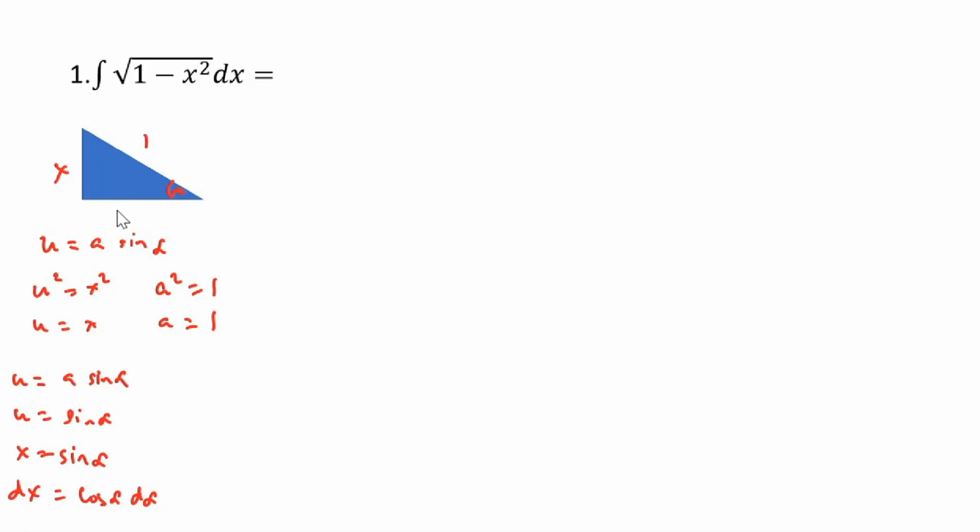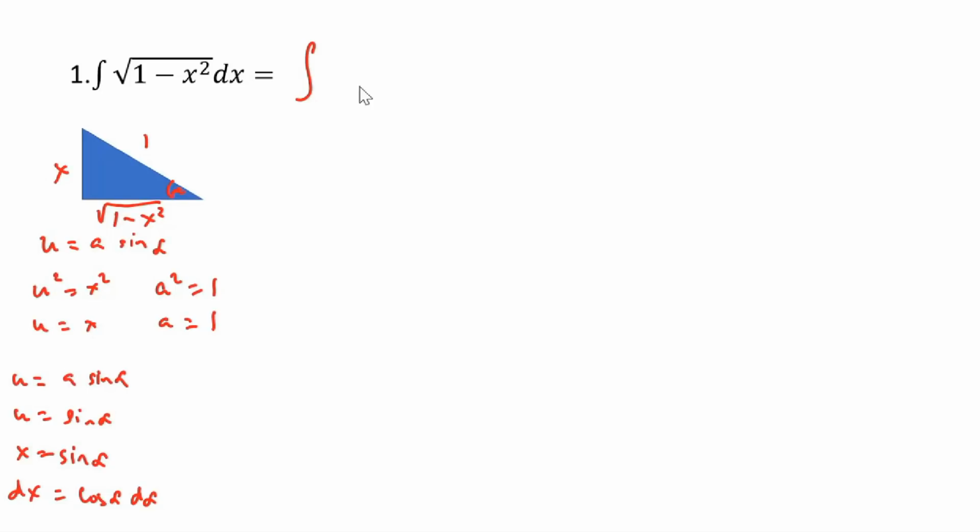And therefore, to solve for the third side, we're going to use the Pythagorean theorem. According to the Pythagorean formula, this will give us the square root of 1 minus x squared.